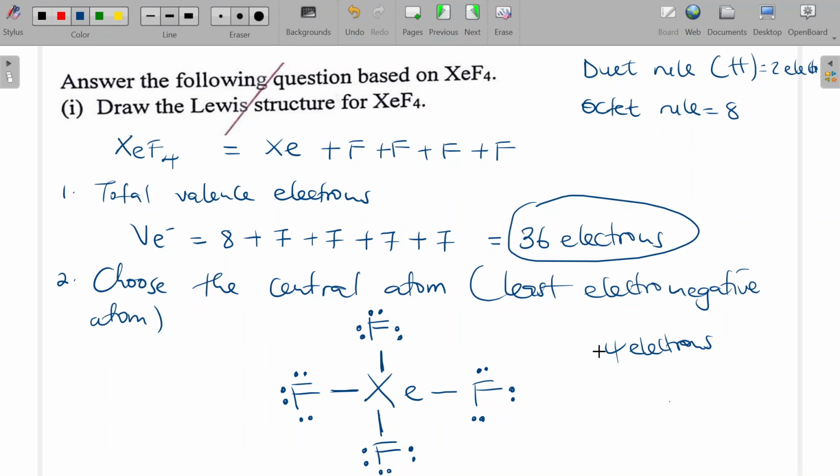Those 4 electrons, where am I going to place them?